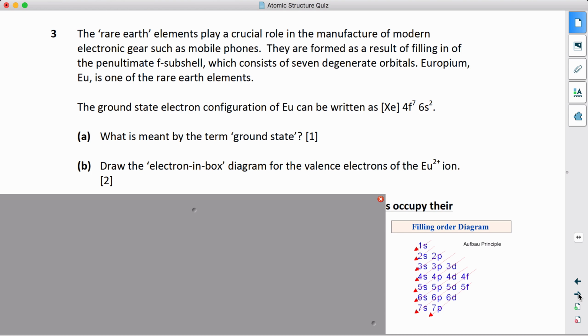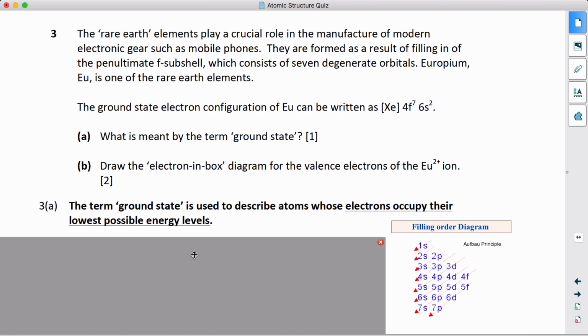Ground state, please memorize it. The term ground state is used to describe atoms whose electrons occupy their lowest possible energy levels. So it's how you fill up normally. Let's look at this element Eu, europium. It actually has 63 electrons. So let's follow the Aufbau principle to fill up the electrons.